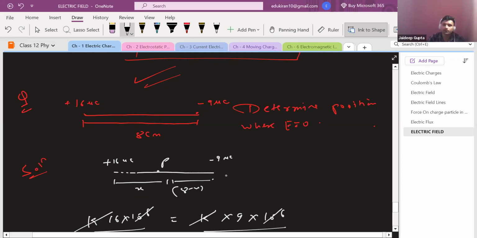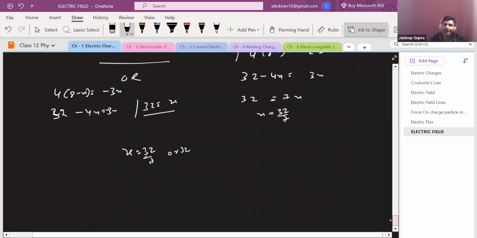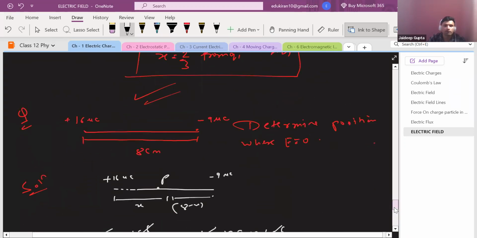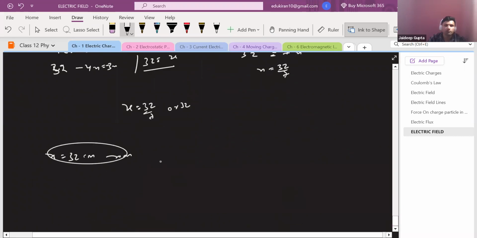The point must be beyond 8 centimeters. So x equals 32 centimeters is the correct answer, from the 16 microcoulomb charge. Is it okay? Yeah, sir.